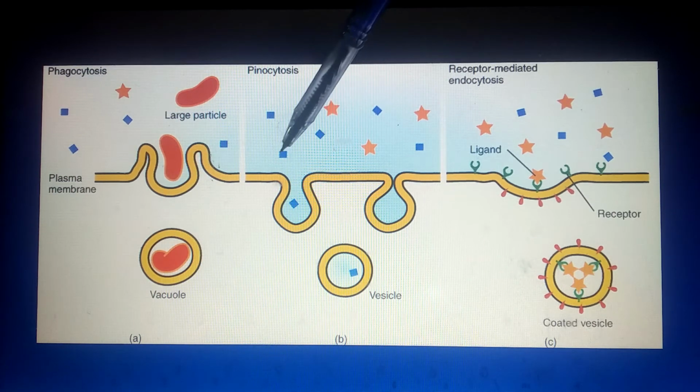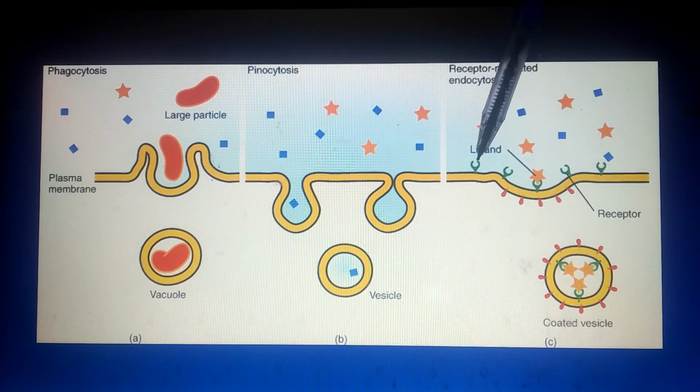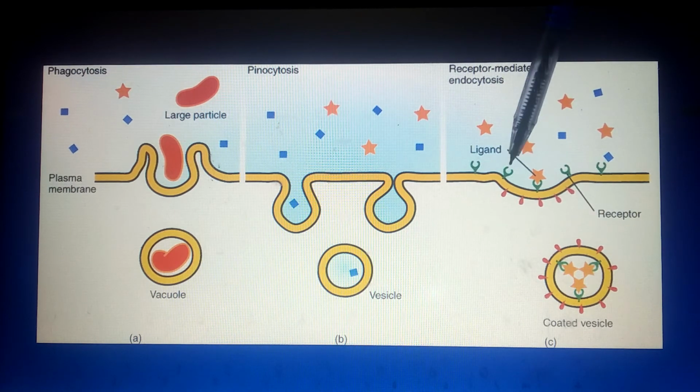Pinocytosis. Simple, you can say liquid molecule. Liquid intake of the cell is pinocytosis. This is the type of endocytosis. The third one is receptor mediated endocytosis. What is receptor mediated? You can see here, these are the glycoproteins which act as receptors.